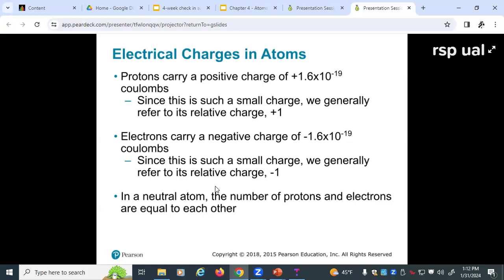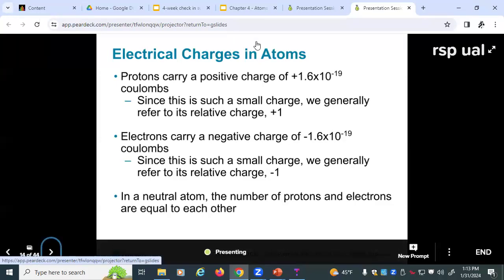Again, we're talking 10 to the negative 19 in terms of the overall value of the charge. So we don't talk about protons and electrons in terms of their actual electrical charges. We talk about them more in what we call relative charge.